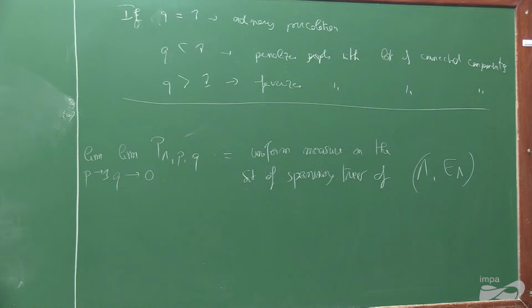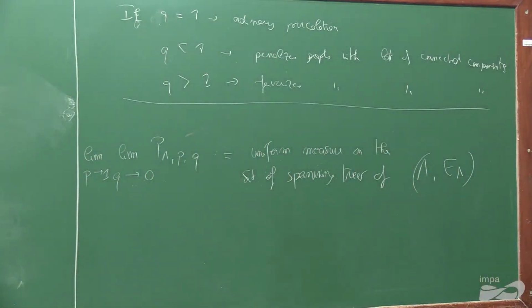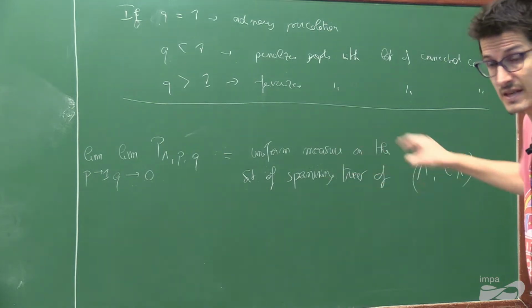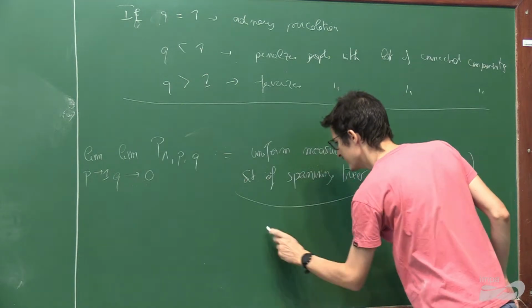This is an interesting object for a variety of reasons, and this measure is called the uniform spanning tree.